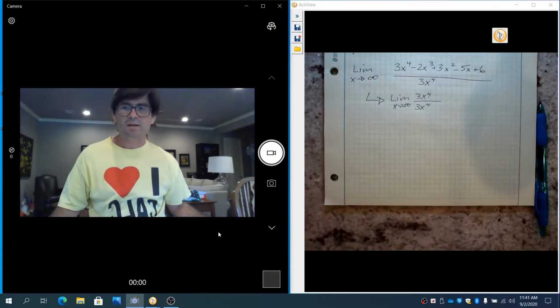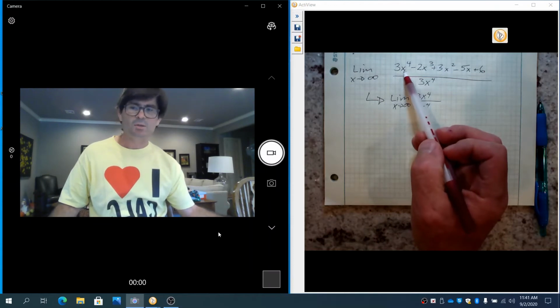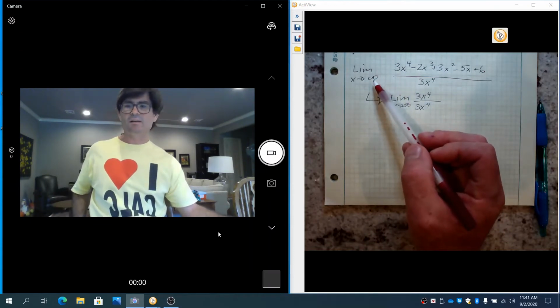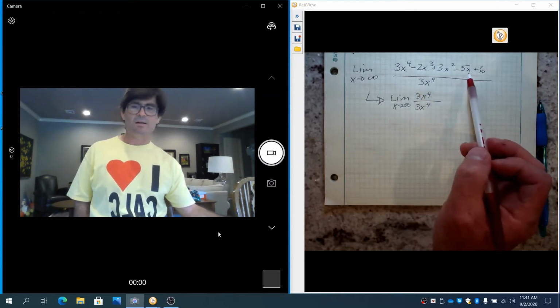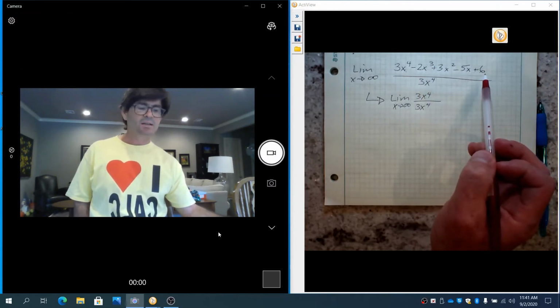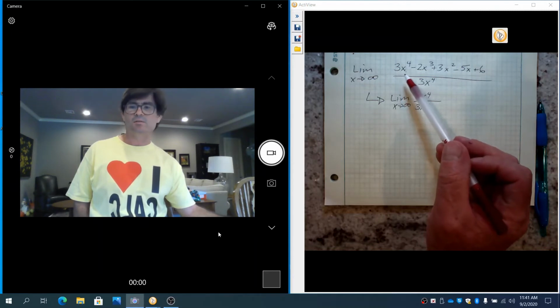The x to the fourth term becomes so large as x goes to infinity that it basically overwhelms the cube term and the square term and the x term, and obviously the 6 doesn't add much if x is in the billions or tens of billions or trillions or whatever.